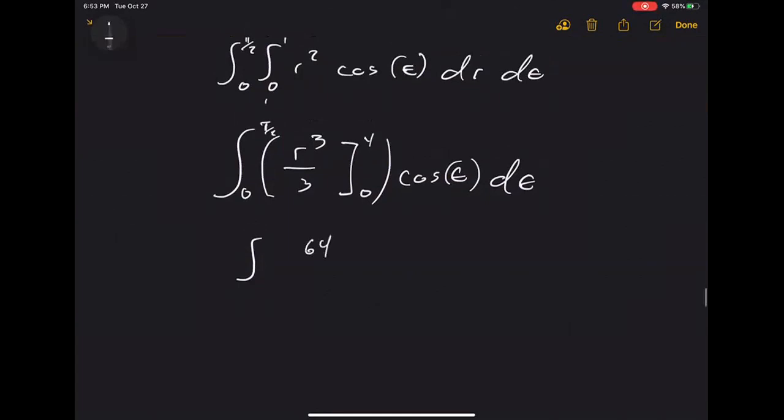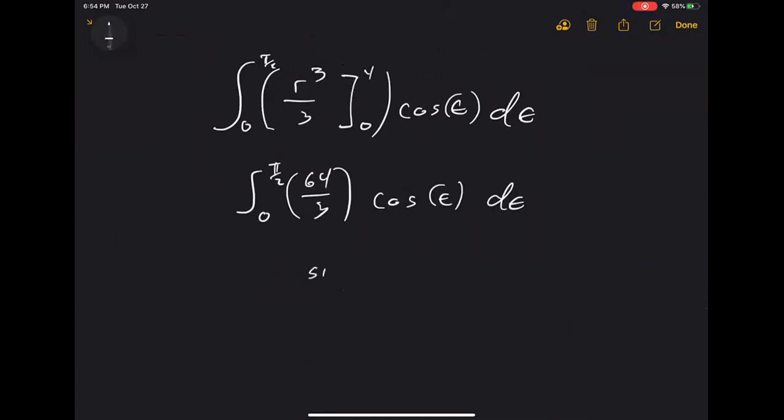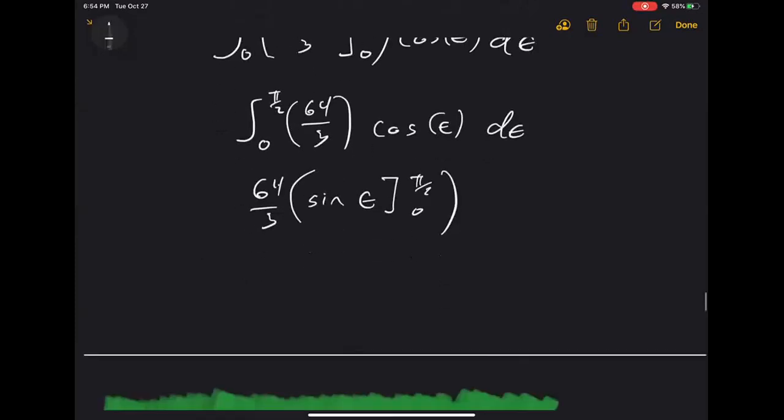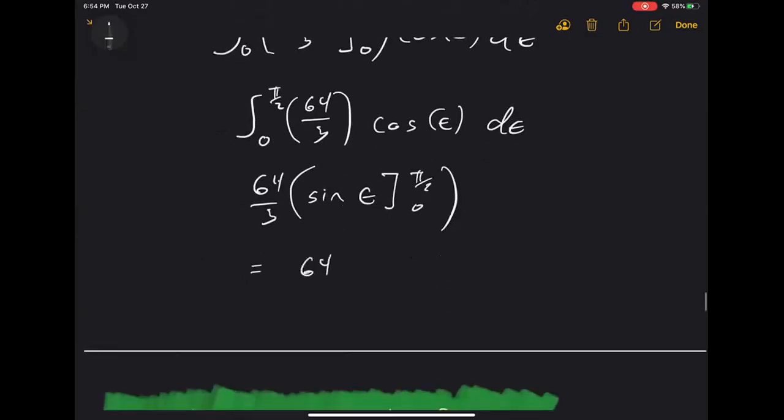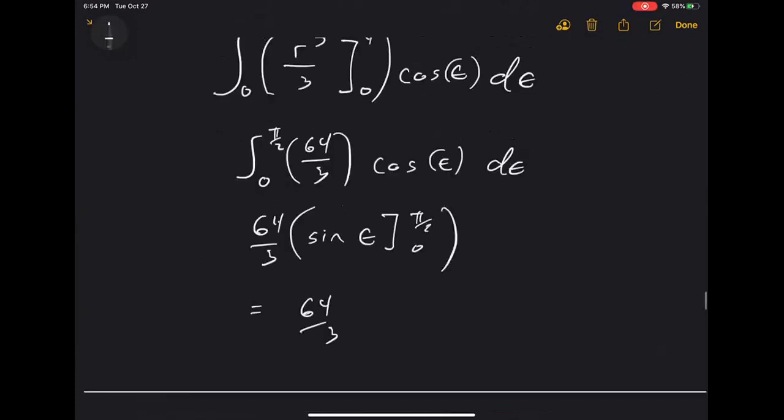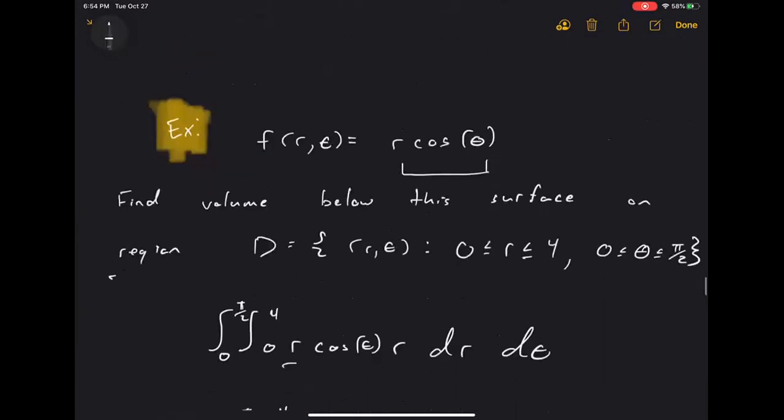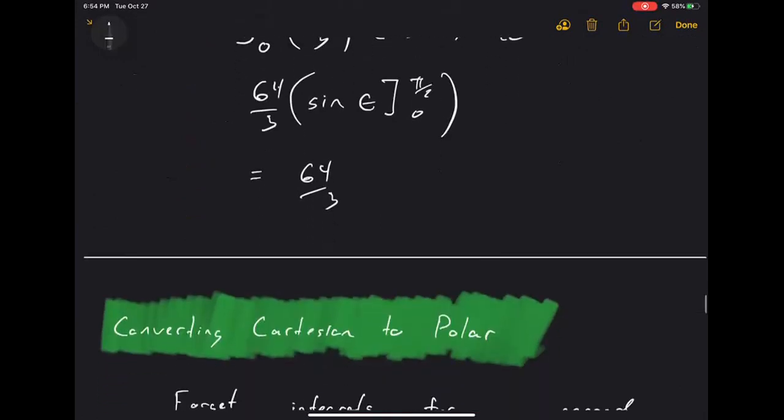That's 64 over 3 minus 0 cosine theta. Then I integrate in terms of theta, and I get what? Sine theta. Well, 64 over 3 sine theta, and I evaluate that from pi over 2 to 0, which just gives me 1. So I end up with 64 over 3. That should be my volume. Whatever units cubed.